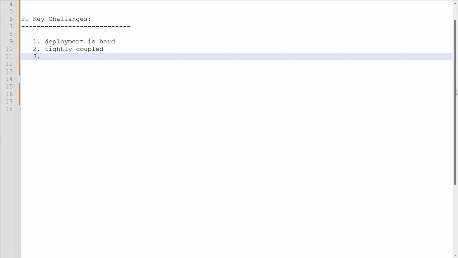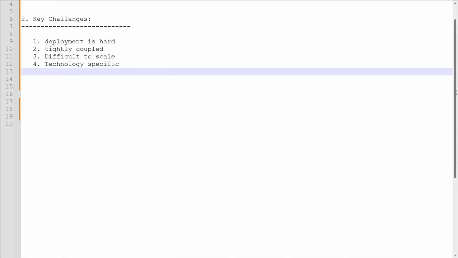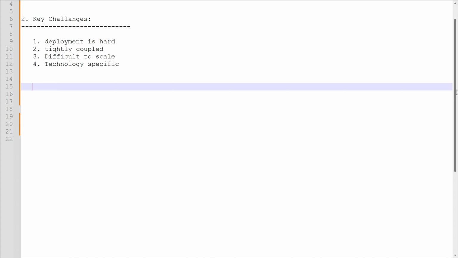And the third key challenge is they are difficult to scale. Monolithic applications are difficult to scale. The fourth challenge is they are technology specific. Monolithic applications are technology specific.